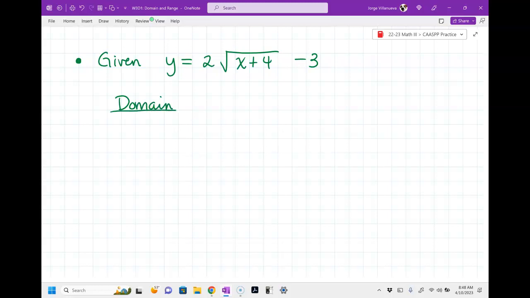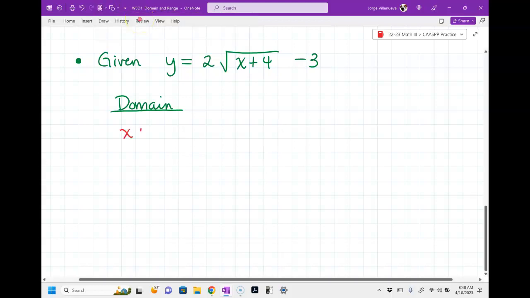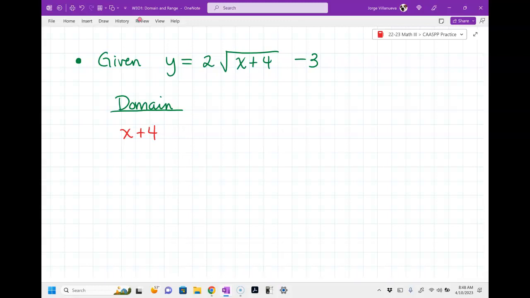For domain, you're going to get your radicand, which is x plus 4. And remember, the restriction on it is that it has to be greater than or equal to 0. Now just solve. I got to subtract 4 on both sides. So if I subtract 4, this says x has to be greater than or equal to -4.